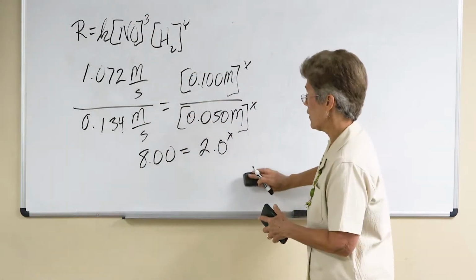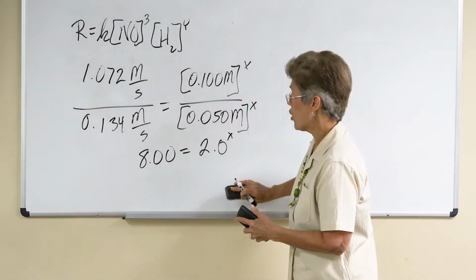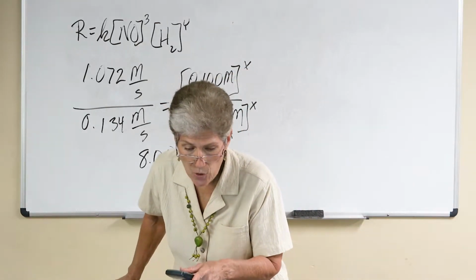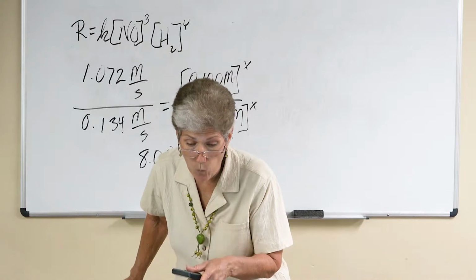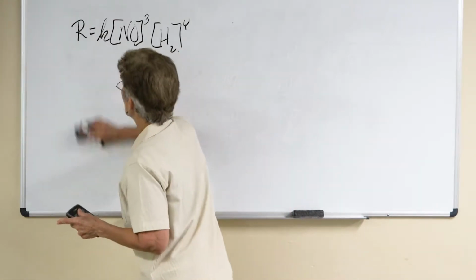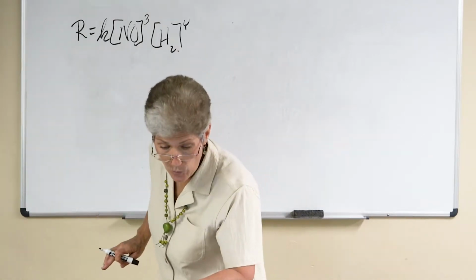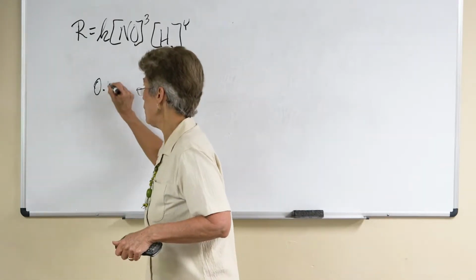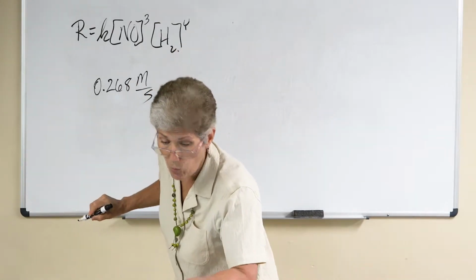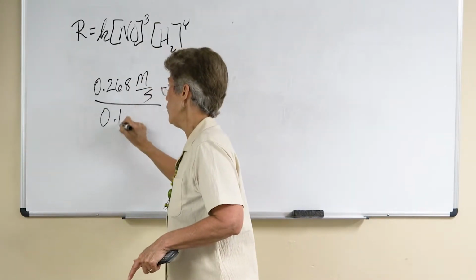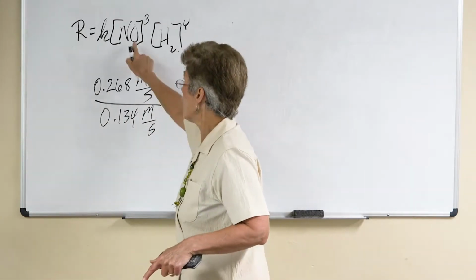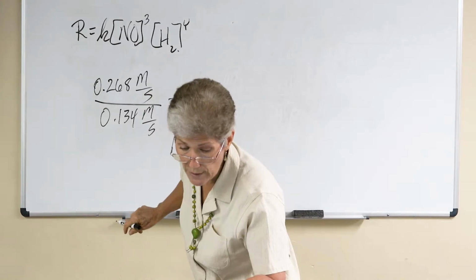We figured out X. Now we're going to look for Y. And we've got to see where we can hold NO constant, which would be trial 1 and trial 2. So let's do that. Trial 1 and 2. We're going to get the instantaneous rate for 2, which is 0.268 molar per second, divided by trial 1, which is 0.134 molar per second, equals, now we're holding NO constant, so we're not going to use that.